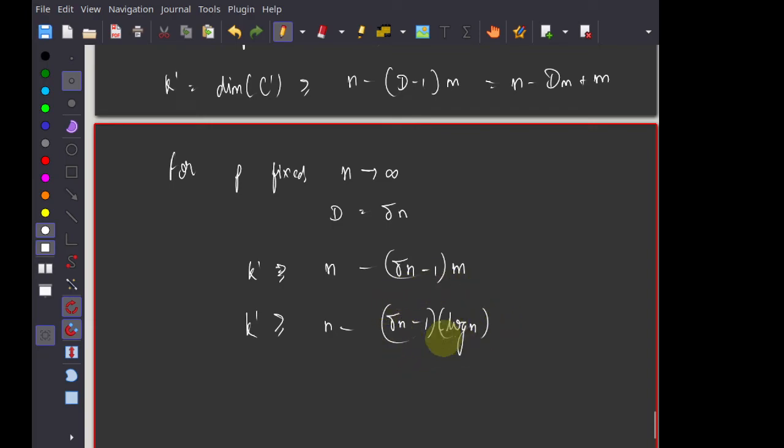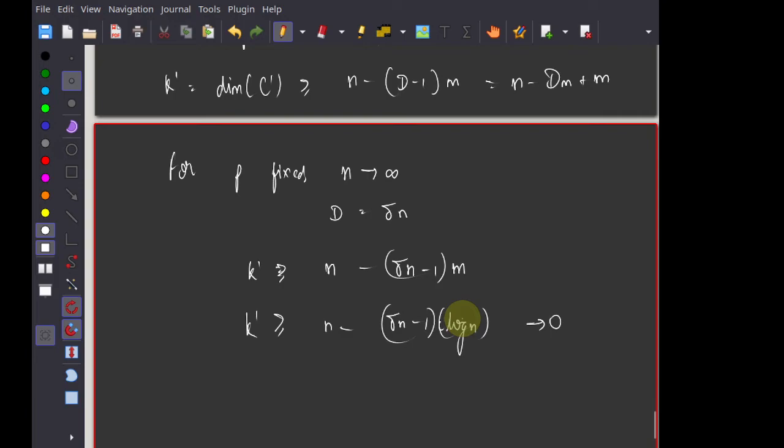This grows faster than n. Which means that this lower bound tends to 0 as n tends to infinity. Anyway, k prime has to be at least 0. Negative does not give us any useful bound. So this approach is okay, but it doesn't yield us any efficient, asymptotically good code.